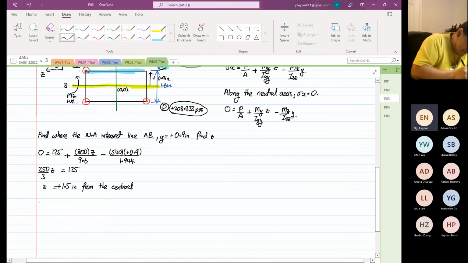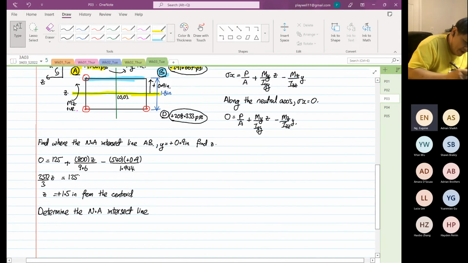Then we're going to determine the neutral axis intersection with line BD. Now we want to find along line BD.